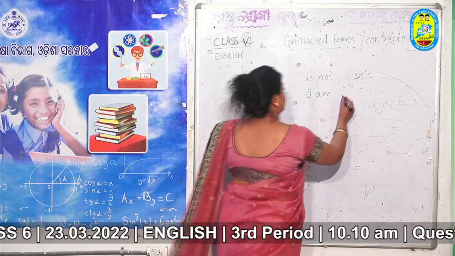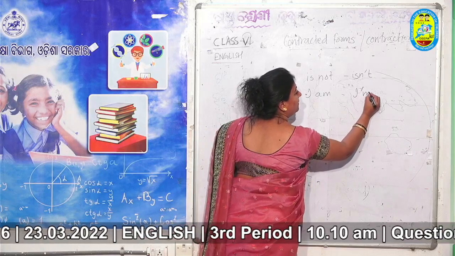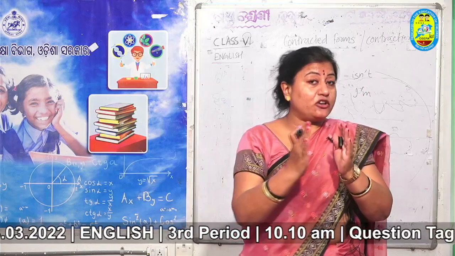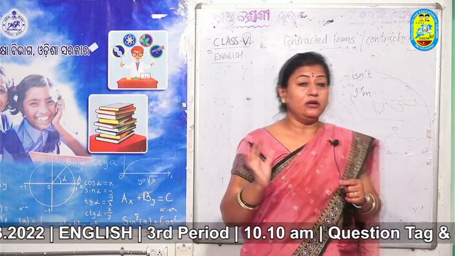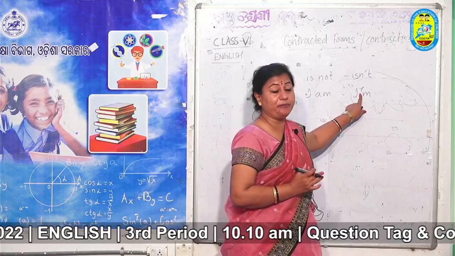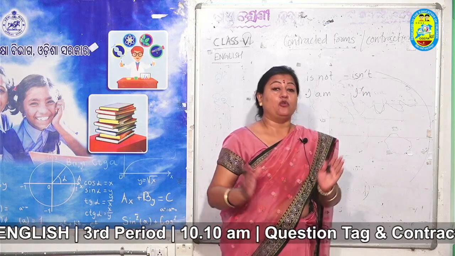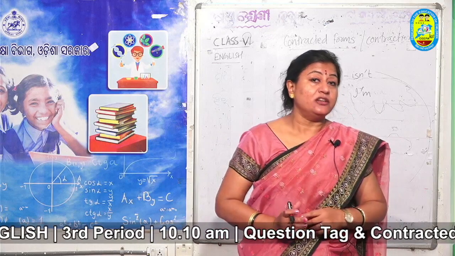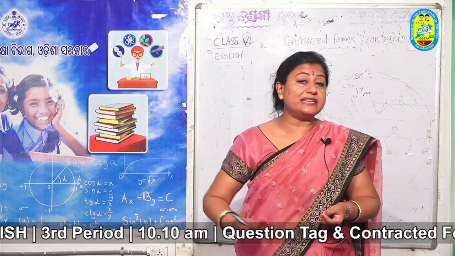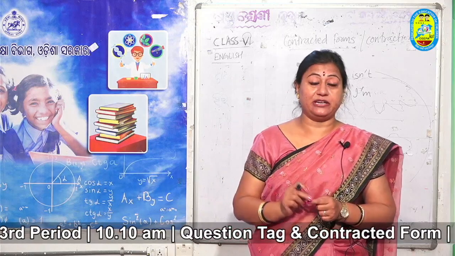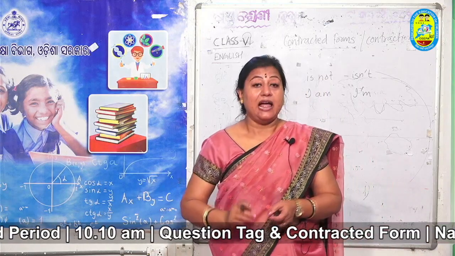And I am, we usually write I'm. We squeeze I am, omit the a, and we put an apostrophe in between. I apostrophe m. So whenever we are squeezing two words, what is necessary? We omit some letters and we put an apostrophe in between in place of that letter.